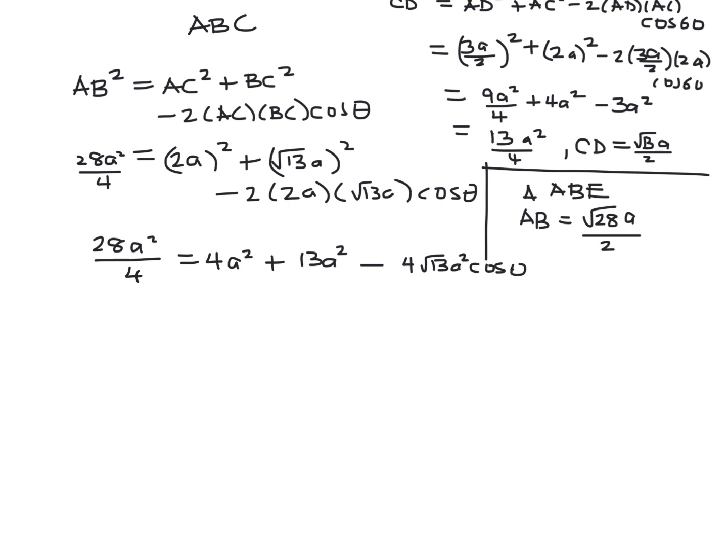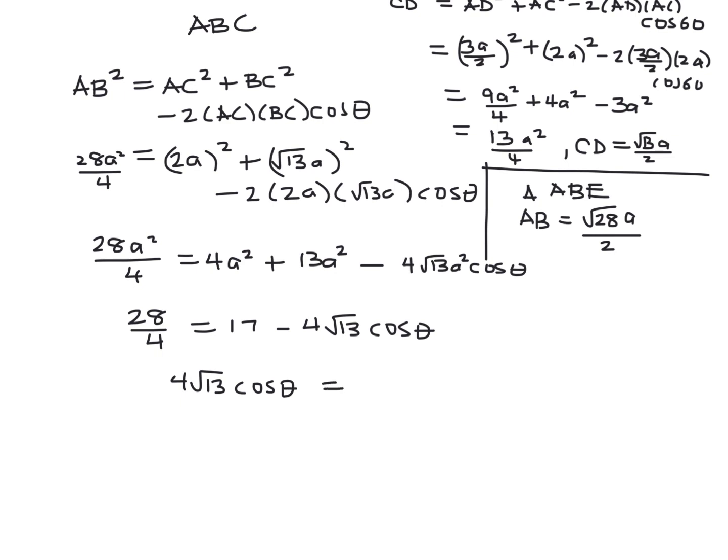And I think all the A squareds cancel, so then we just get left with this 28 over 4 is equal to 17, right? Yeah. Minus 4 root 13 cos theta.